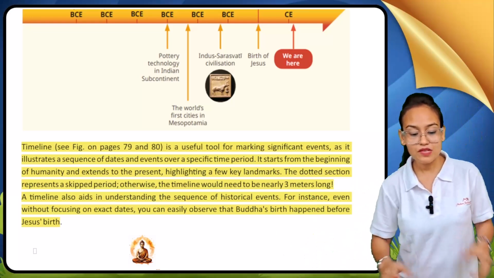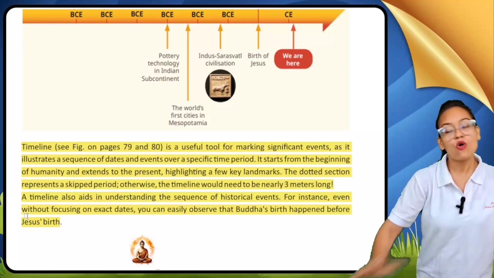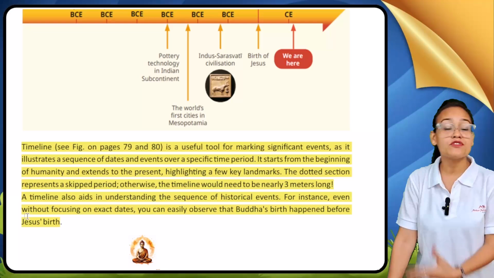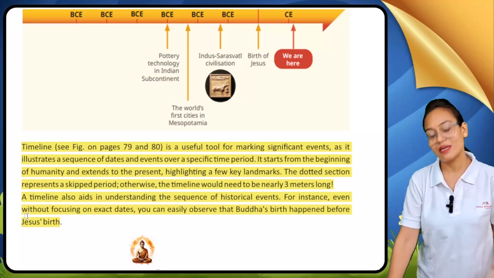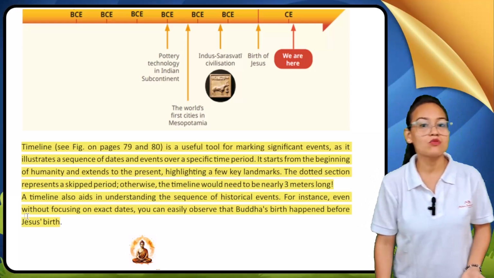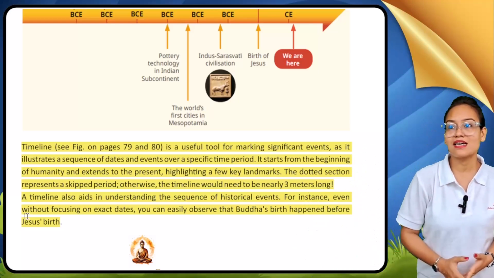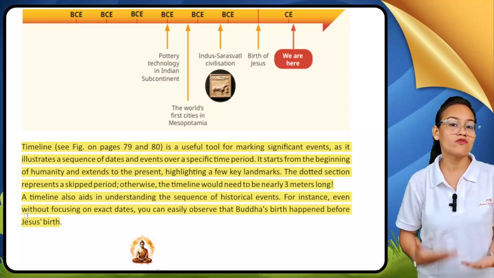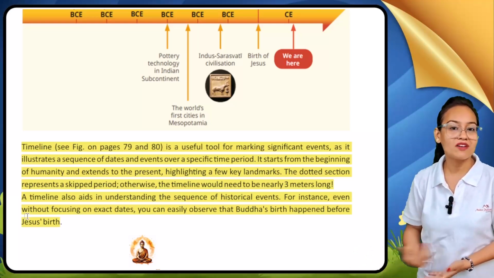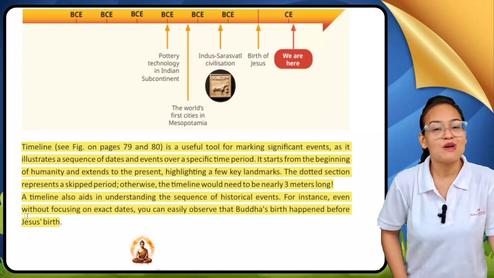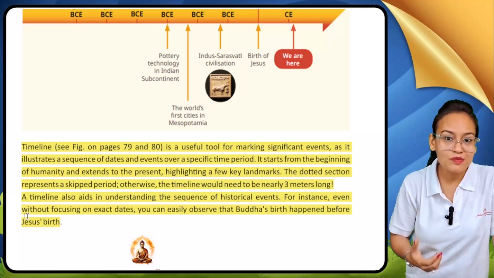We also need a timeline to get a proper understanding of the sequence of historical events. For example, if I talk about the birth of Jesus Christ and the rise of Islam, and the birth of Lord Buddha and Lord Mahavir, I'm talking about the birth of famous personalities. But birth means time.